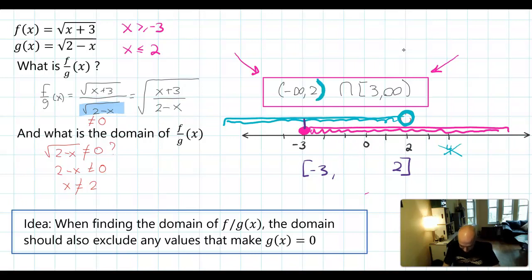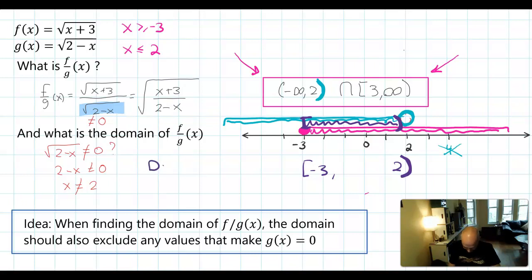When I compute the intersection, it's going to be the same thing. I'll have a bracket here, but I'll just have a parenthesis on that end. So as a final domain, it should be negative 3 up to 2 with a paren to exclude 2, because we now need g not equal to 0 in addition to x being less than 2.